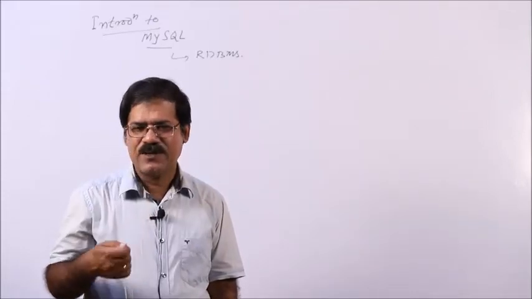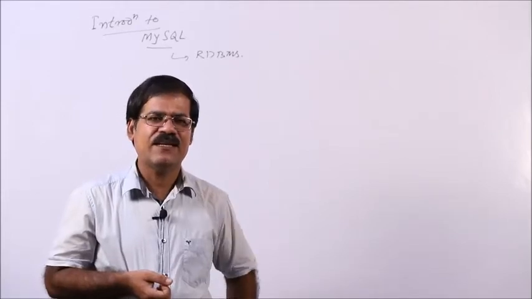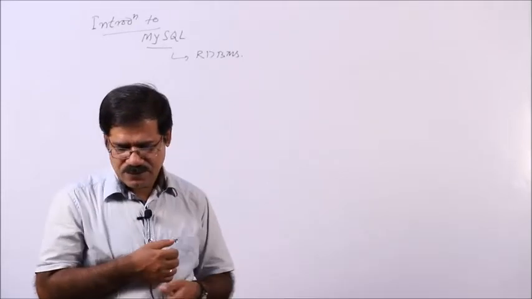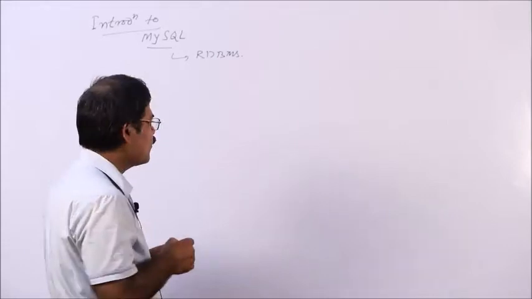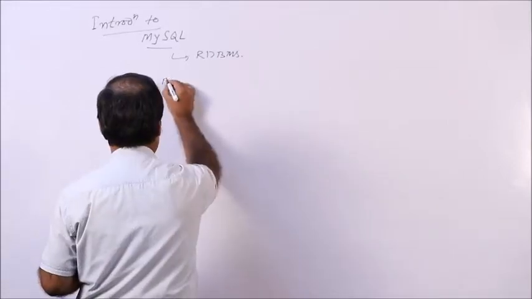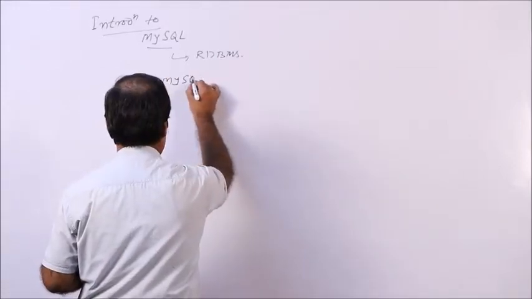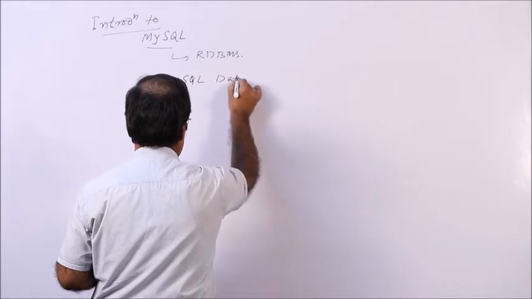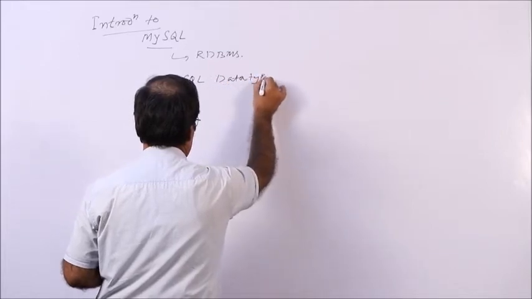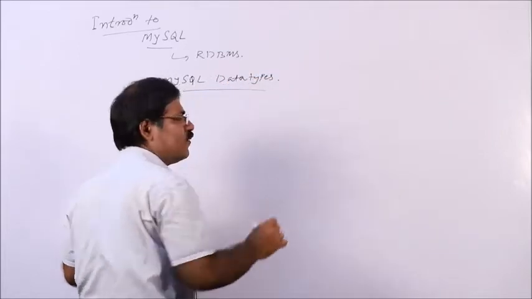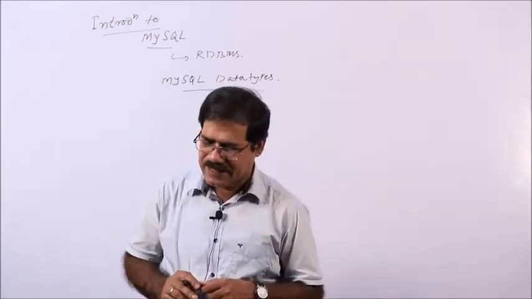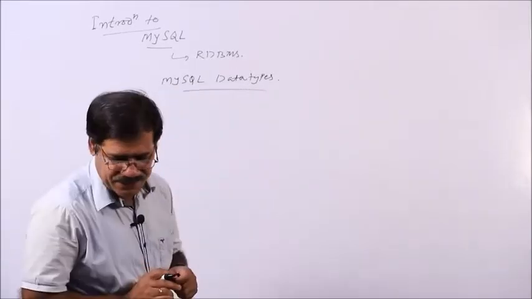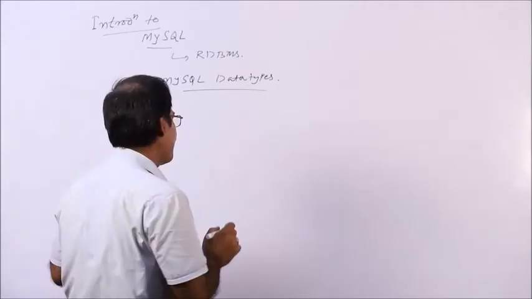Similarly, before using any data in a MySQL database, you have to classify data types, MySQL data types. Now, basically what are the data types? Numeric data type, string type, date and time type.